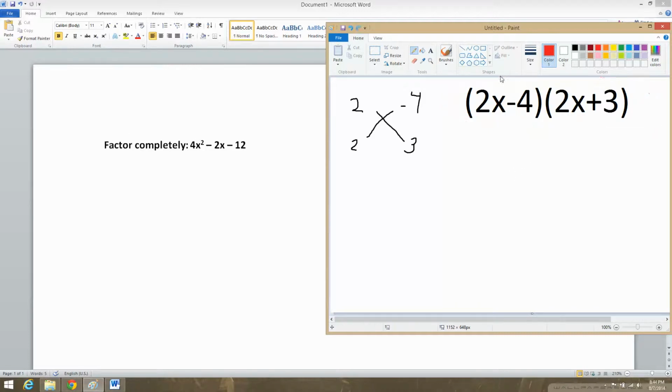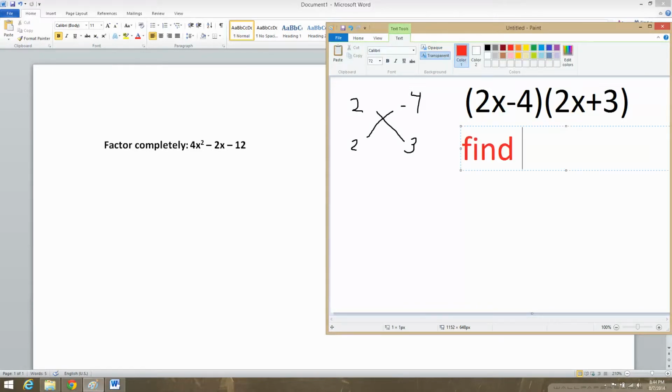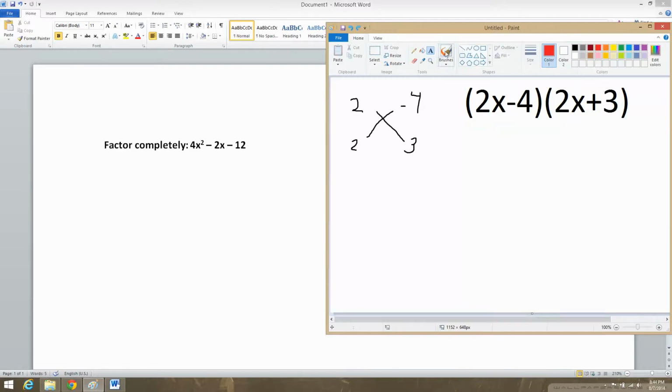But what it's often going to tell you to do is find x.